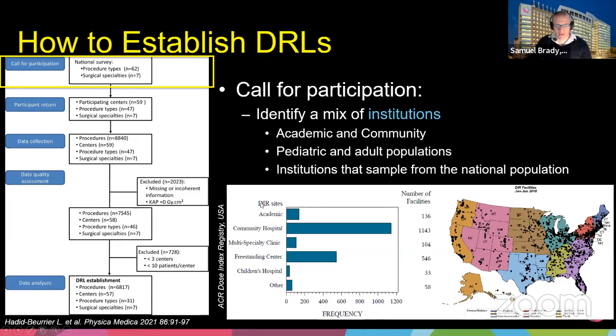The ACR has its DIR system, where a variety of different hospitals can submit their dose data for all the different exams they provide. It's important that we don't only reach out to academic sites or to local community hospitals. We need a very good distribution across all of these hospitals, because the patient demographics are probably going to be a little different depending on the type of clinic.